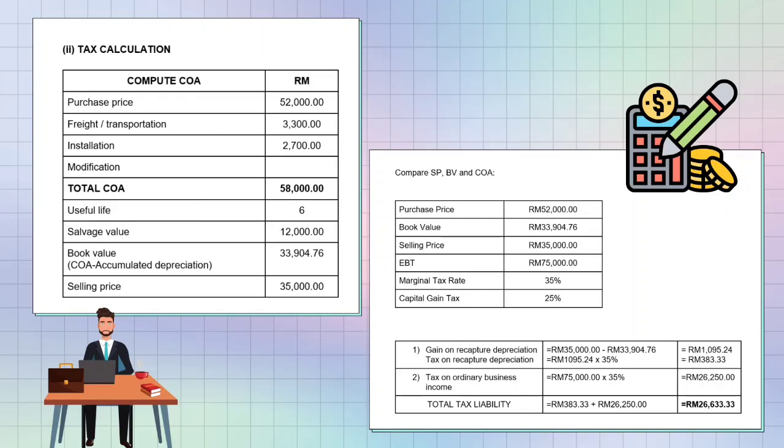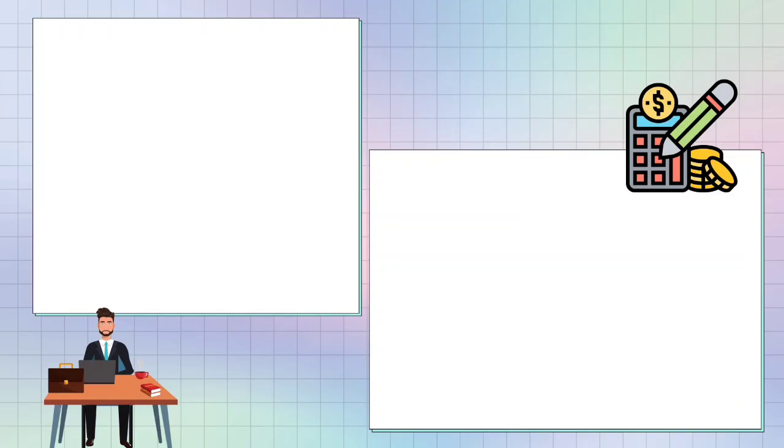Next, we calculate the tax on ordinary business income, Rm75,000 multiplied by 35%, and the answer is Rm26,250. Then to get the total tax liability, the tax on recapture depreciation will be added to the tax on ordinary business income, and we get the total tax liability, which is Rm26,633 and 33 cents.